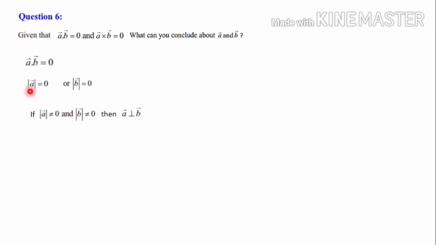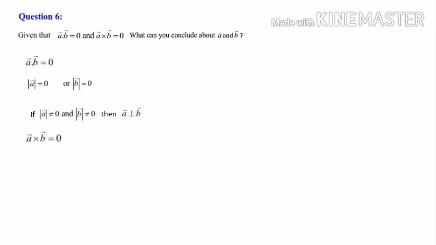The first one is modulus of vector A equal to 0 or modulus of vector B equal to 0. If that is not happening, then by using the properties of the dot product, we can conclude that vector A is perpendicular to vector B.